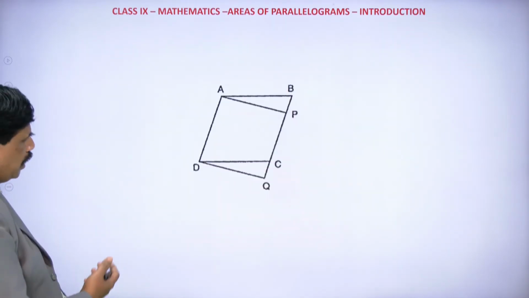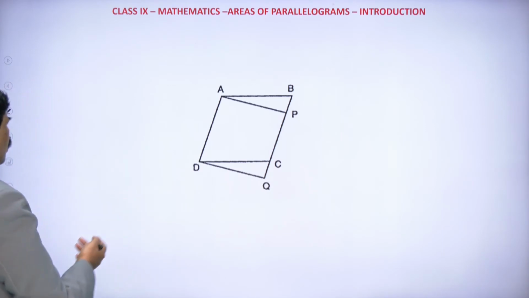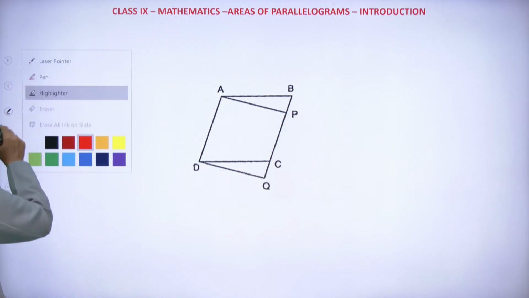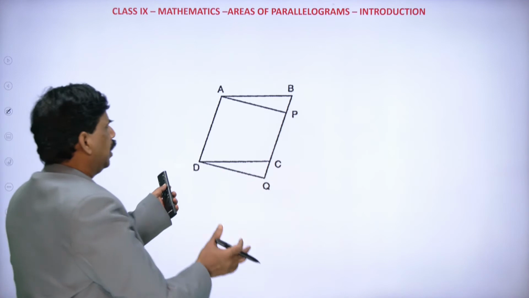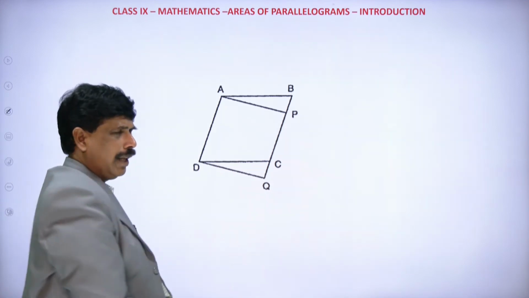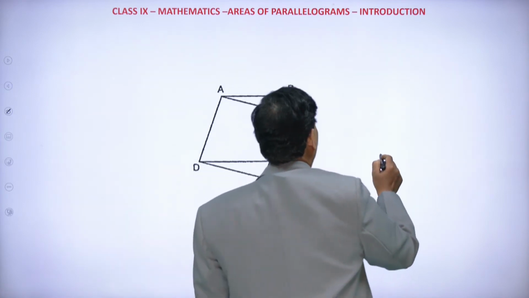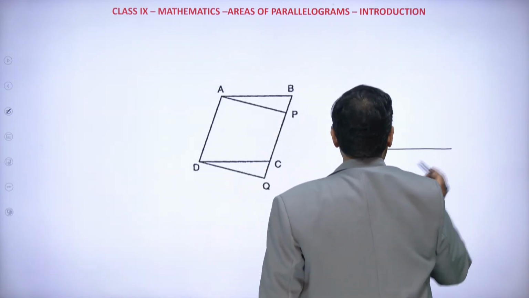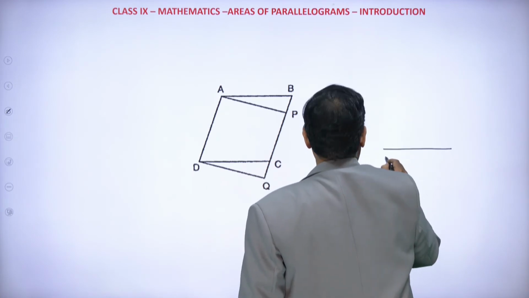Okay. You look at the diagram, what are the two figures you are seeing? So you are seeing ABDQ. It is a trapezium. Even if you turn the figure like this, or like this, no problem. This is AB. This is AD.